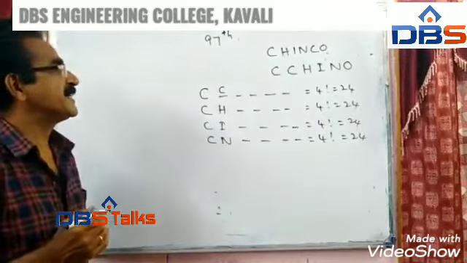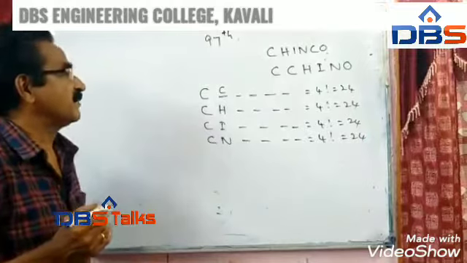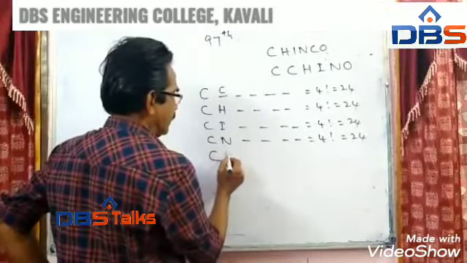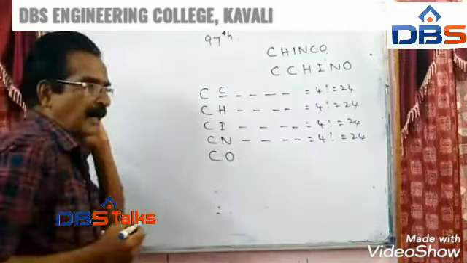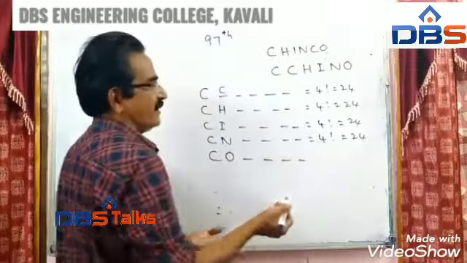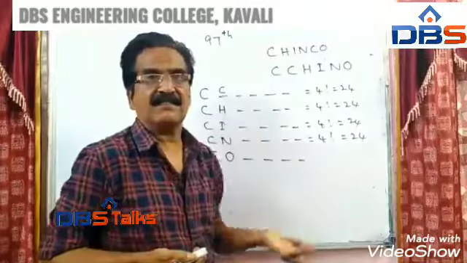So 96 words are over. Next, after N we get O. We want the 97th word.